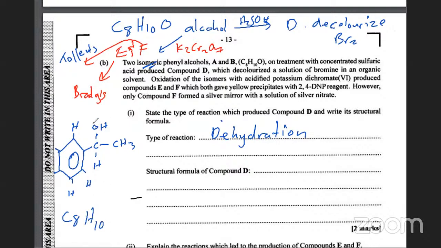And 1 oxygen here. So that is the structure of one isomer of the phenyl alcohol.